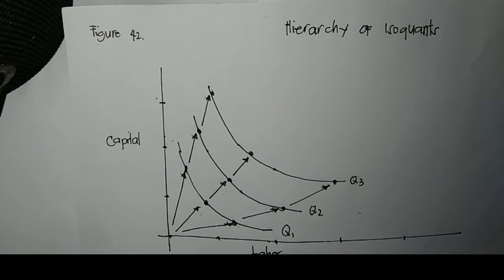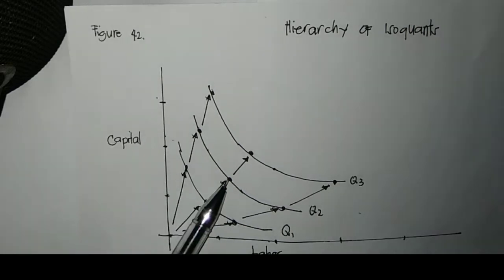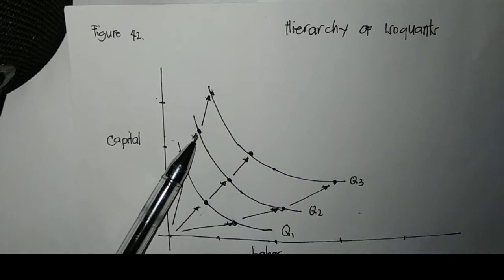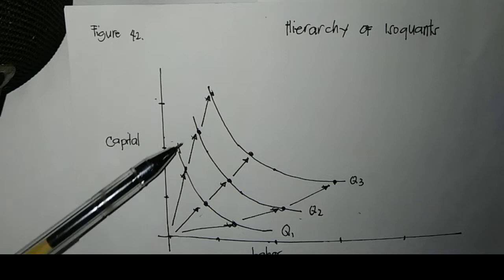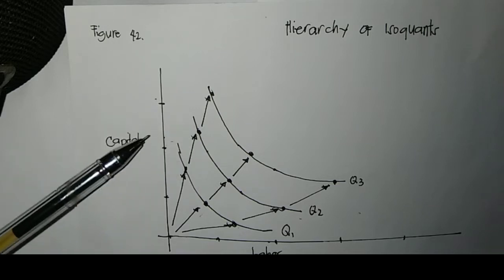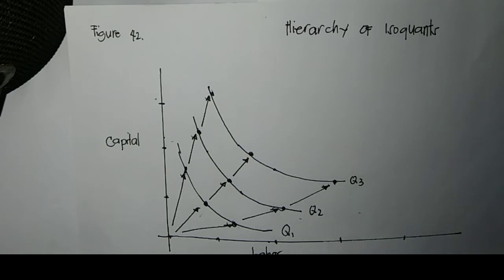Kung atong makita diri sa Q1, ang all points move upward para maka-form siya og higher nga isoquants. Kinahanglan nga patasan ang capital ug ang labor. And then kung mas taas ang iyang capital ug ang labor nga i-combine, so it will increase the plant capacity.